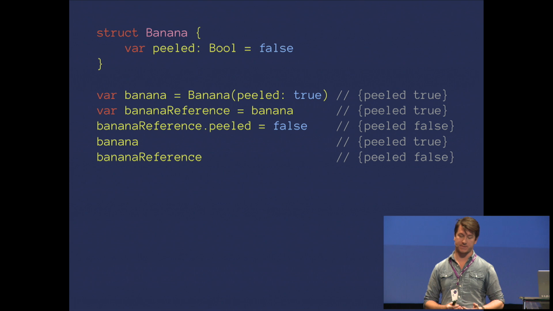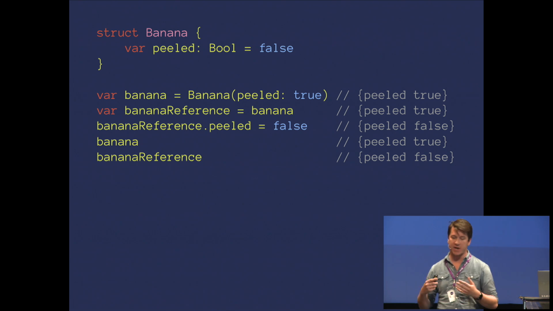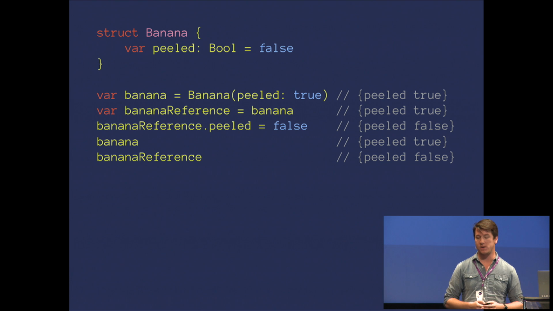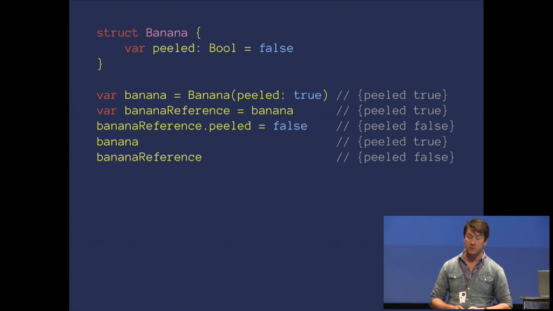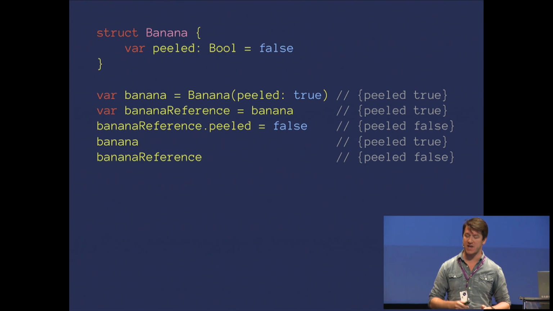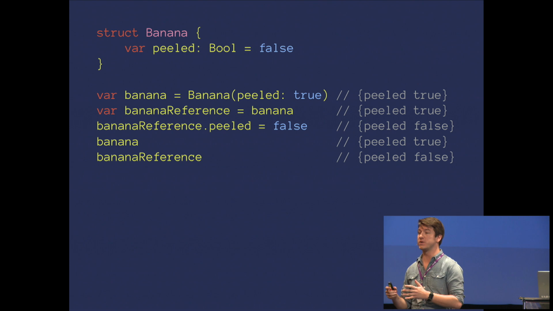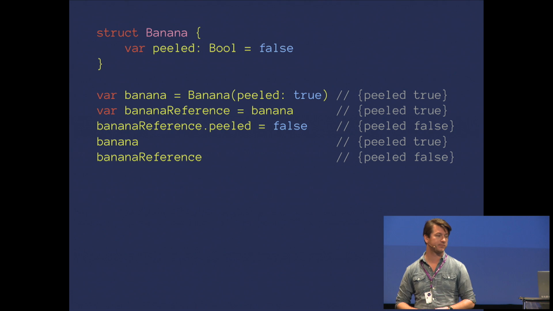Values become our boundaries. Here we have a banana, which can be peeled or not be peeled. And as we create new bananas, if our banana is a peeled banana, we can make a reference to that banana and make sure that one's not peeled. Our original banana stays peeled, where our reference is the only one that's unpeeled.